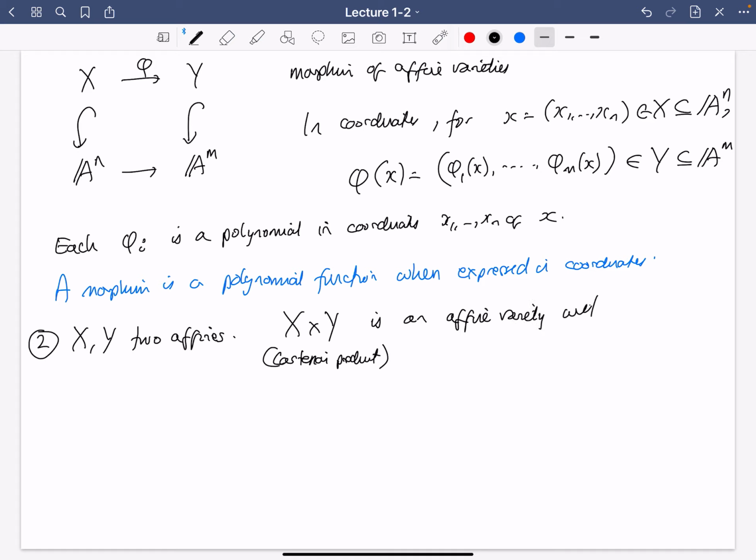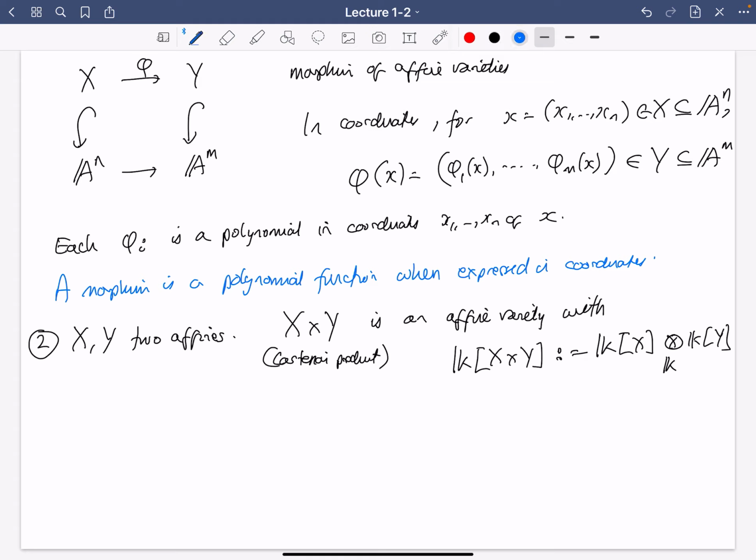So again, what you have to do is say what the coordinate algebra is. The definition of the coordinate algebra of x cross y, the Cartesian product of the sets, is just defined to be the coordinate algebra of x tensored over k with the coordinate algebra of y. That's just the usual tensor product of two k-algebras, and it is a new k-algebra.